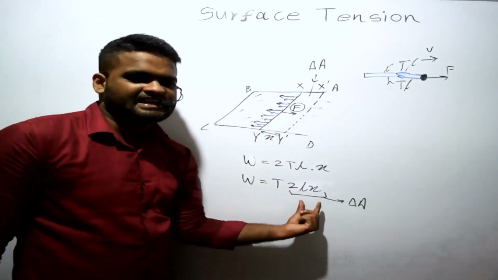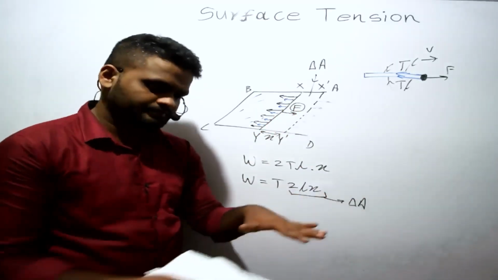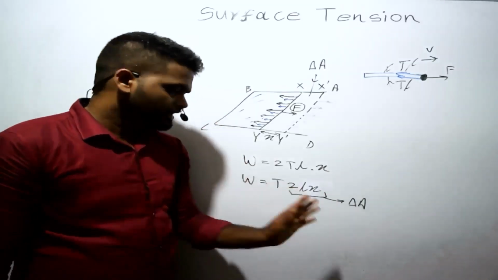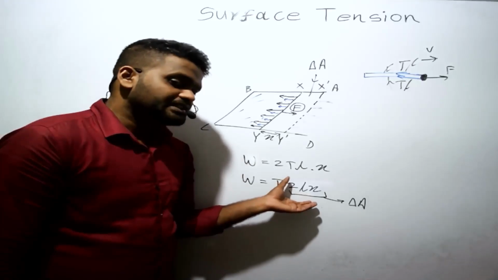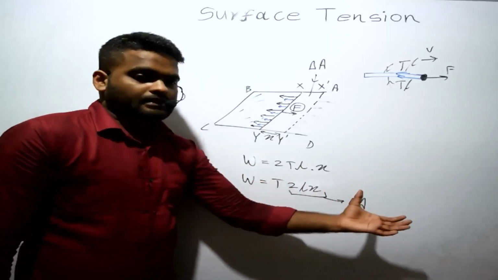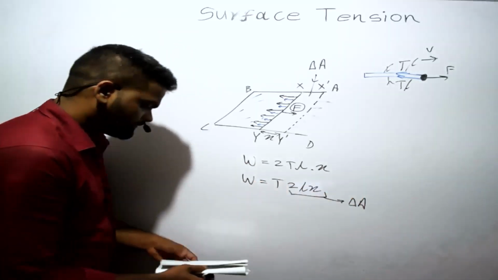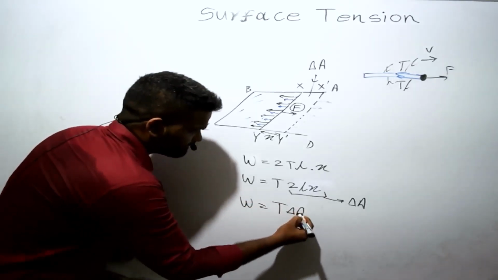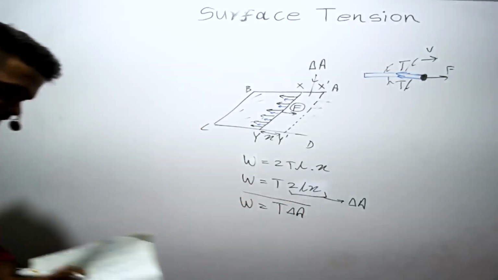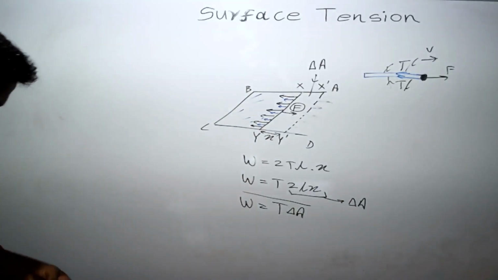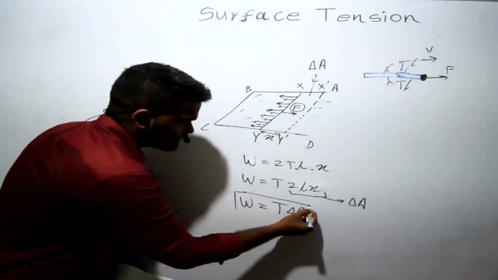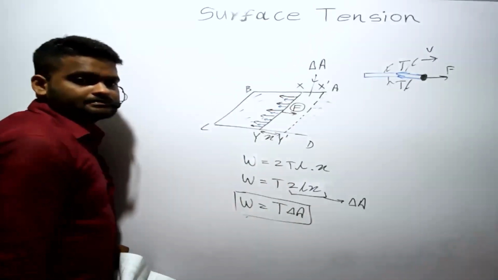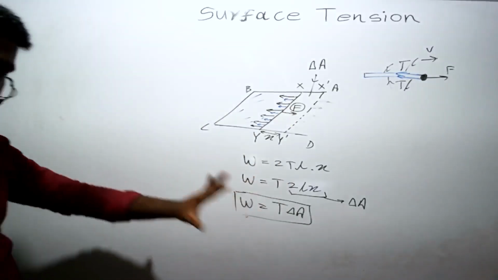So I'm taking it as one delta A. Depending on the question, you can figure it out. So this is actually the increase of area. So that is delta A. Then W equals T times delta A. So this much energy is stored in this liquid layer. Take this down and thumbs up once you're done.